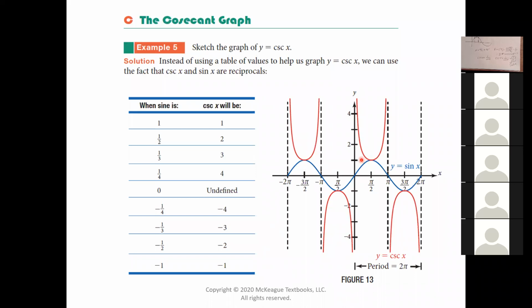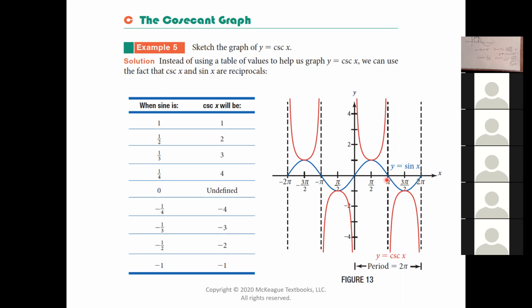And so, ladies and gentlemen, the cosecant of pi radians is undefined. And that's why you have to have these vertical asymptotes as far as the graph of cosecant x is concerned. So the cosecant is undefined at pi radians, 0 radians, negative pi radians, -2 pi radians, or 2 pi radians.